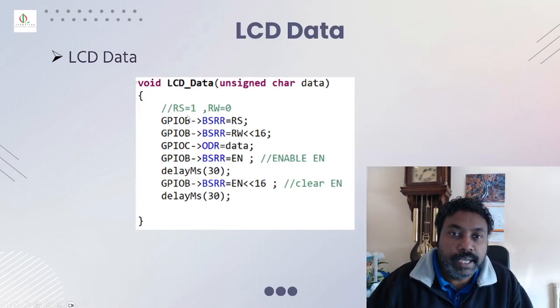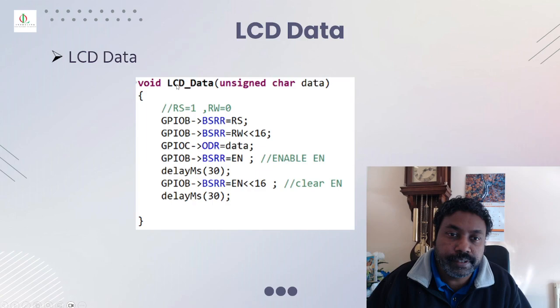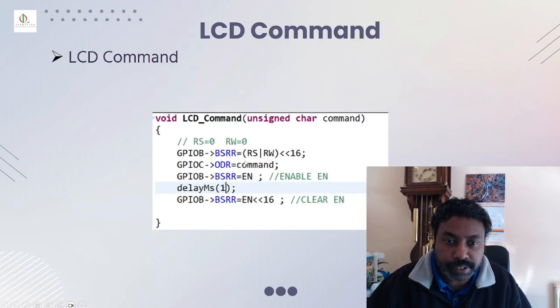And as I said, for LCD data, when you set RS equal to 1, then the LCD will know it's data coming through. So this is the function you have to write. For GPIO B, you need to set this as RS. Then read/write, you need to set this as 0, so you need to shift that 16 times. And this time you're going to send the output data register as data, but there output data register as command.